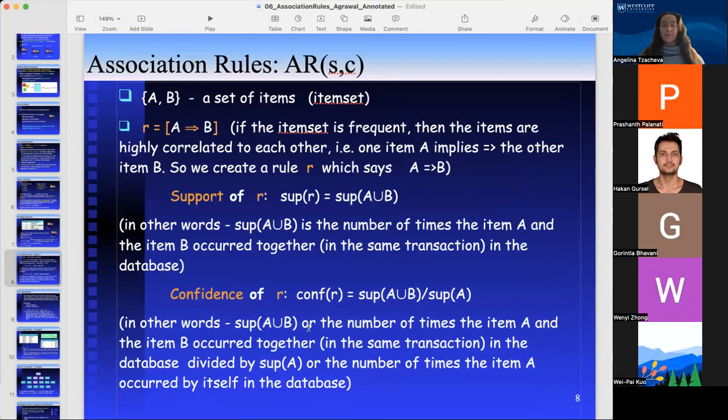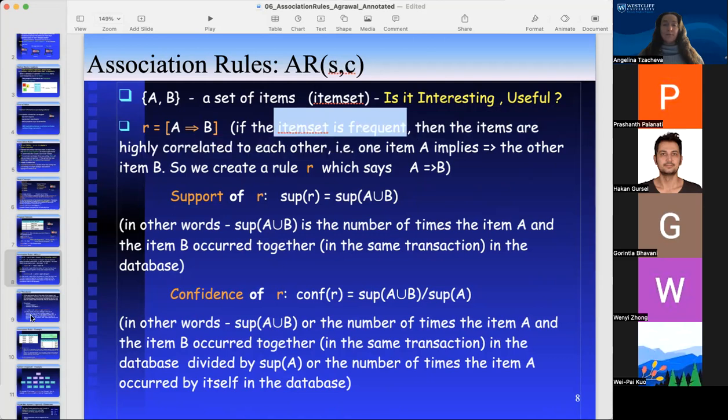There are a number of measures that we can use in order to determine if the item set that we extracted is interesting or useful. One measure is the support, what we have just seen: how many times the item occurs in our transactional database.